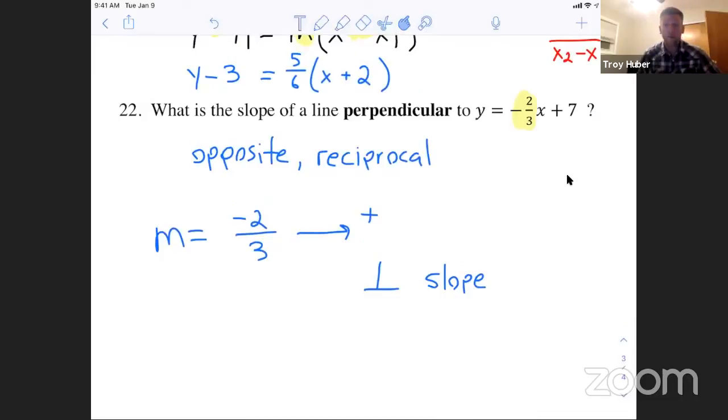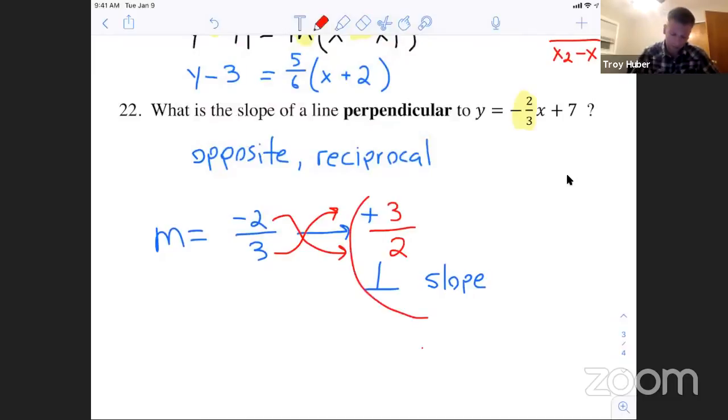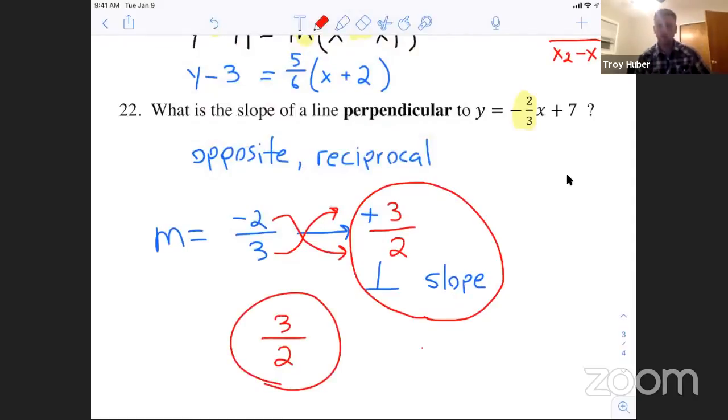Then what the reciprocal means is we flip-flop the numerator and the denominator. My 3 is now my numerator, and my 2 is now my denominator. So this would be my perpendicular slope. What is the slope of a line perpendicular to this line here? Well, it would be 3/2. That would be your answer.